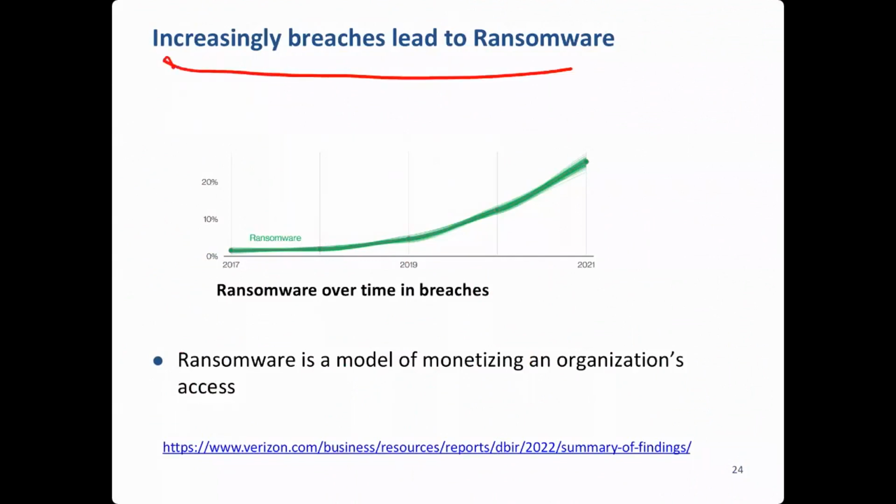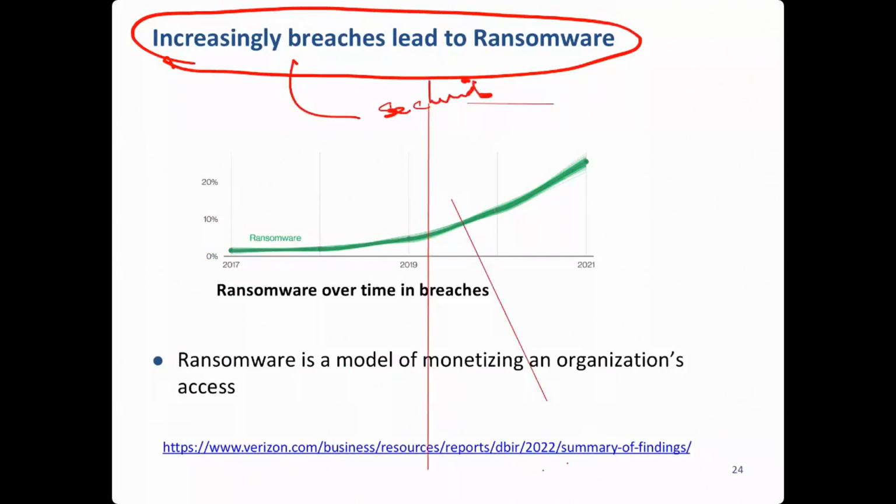Increasingly, breaches lead to ransomware. So when we say breach in general, we are not talking about data leakage only, right? We are talking about cyber criminals getting into the system. We should read these more like security breaches.